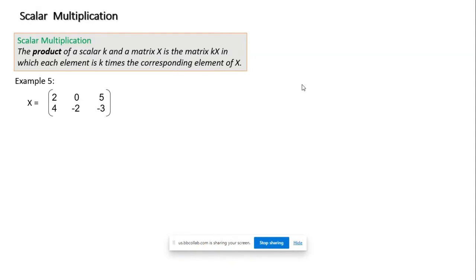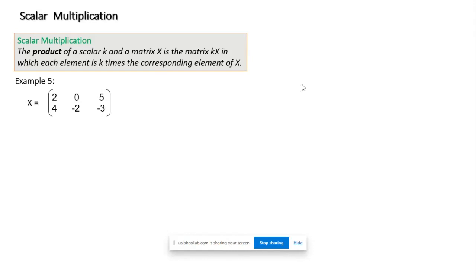Okay. All right. So the first multiplication that we want to practice is something called scalar multiplication. This is the most simplistic multiplication, and what this means is that we're going to be given a matrix, but we're only going to multiply a scalar value, in this case k, as your book describes as far as the definition.